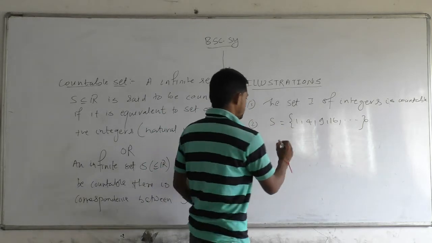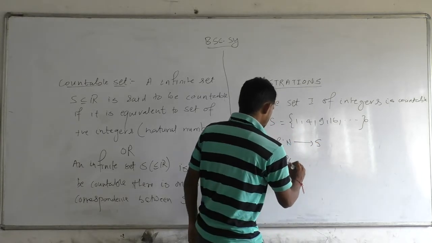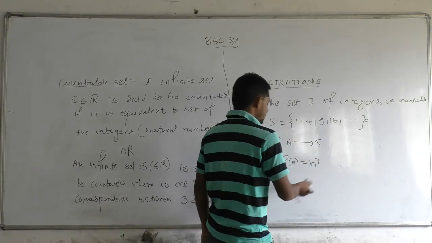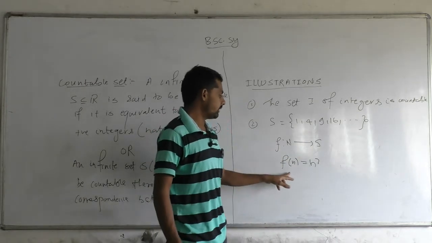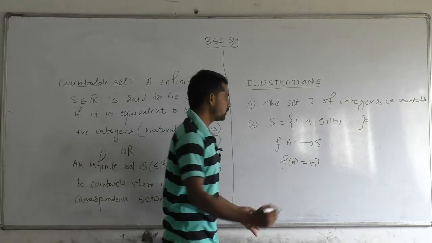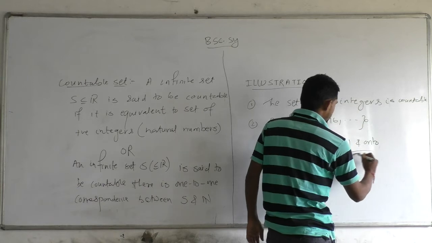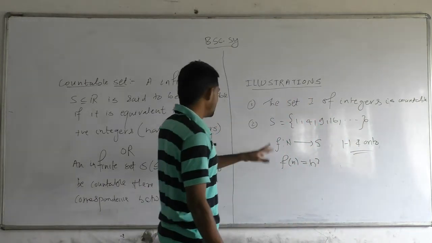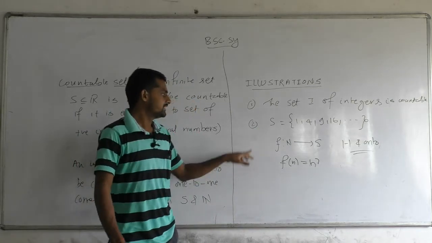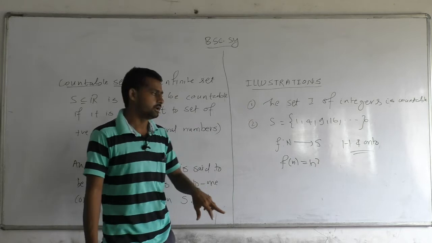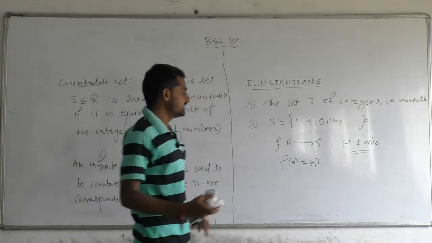So we can define a function f from N to S such that f of n is equal to n squared, which is both one-one and onto. Therefore, there is a one-one correspondence between the set of natural numbers and this set. Therefore, this set is equivalent to the set of natural numbers. Hence, we can say that S is countable.